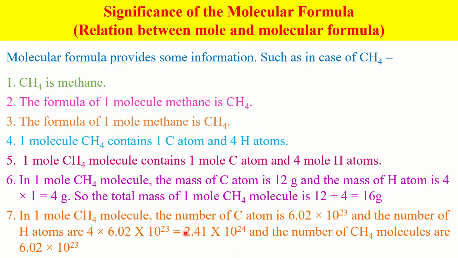In 1 mole methane molecule, the number of carbon atoms is 6.02 × 10^23 and the number of hydrogen atoms is 4 × 6.02 × 10^23, that is 2.41 × 10^24. But the number of methane molecules is again 6.02 × 10^23 molecules.